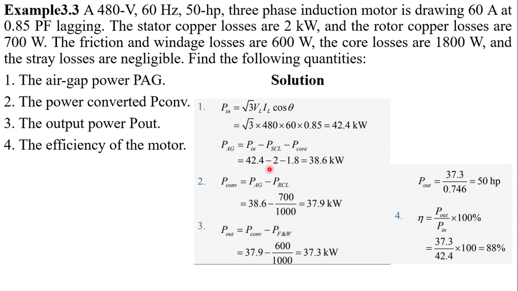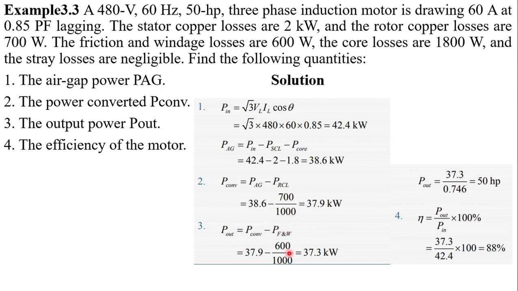The converted power is equal to air gap power minus rotor copper loss. The rotor copper loss is already given as 0.7 kilowatts. To change watts into kilowatts, we divide by 1000. Then output power is equal to converted power minus friction plus windage loss.